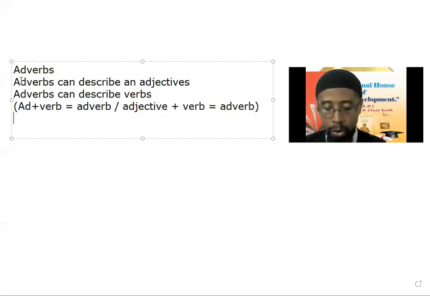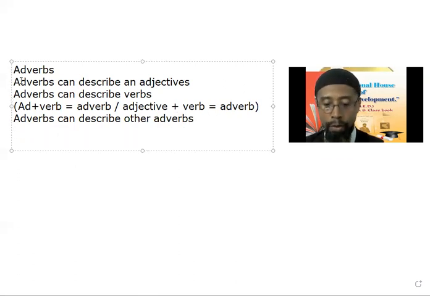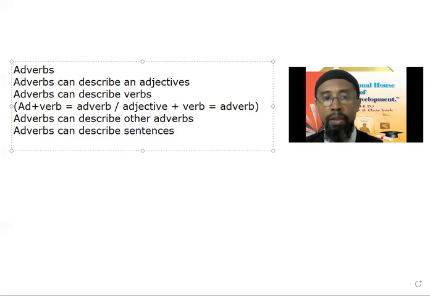Now also, adverbs can describe adjectives, adverbs can describe verbs, and also adverbs can describe other adverbs, and adverbs can describe sentences.